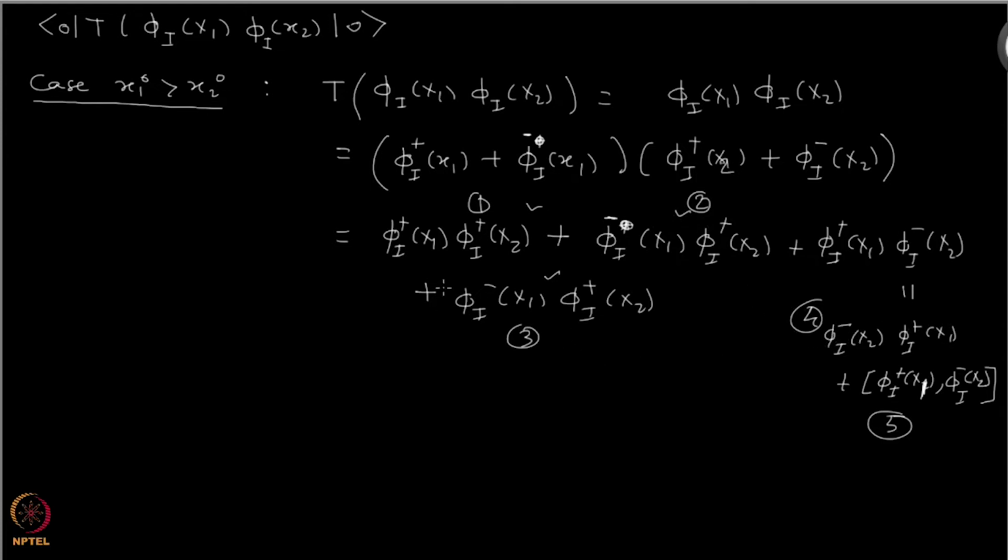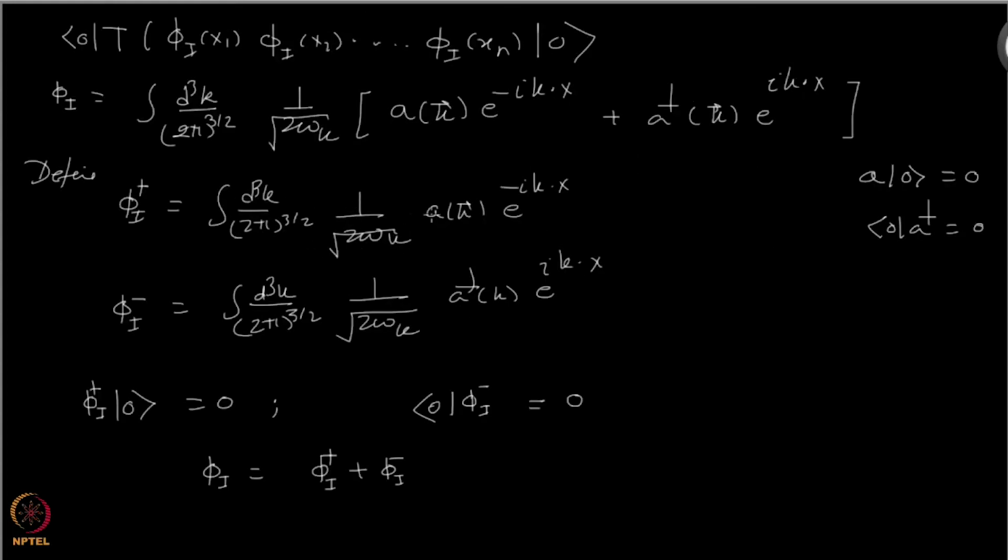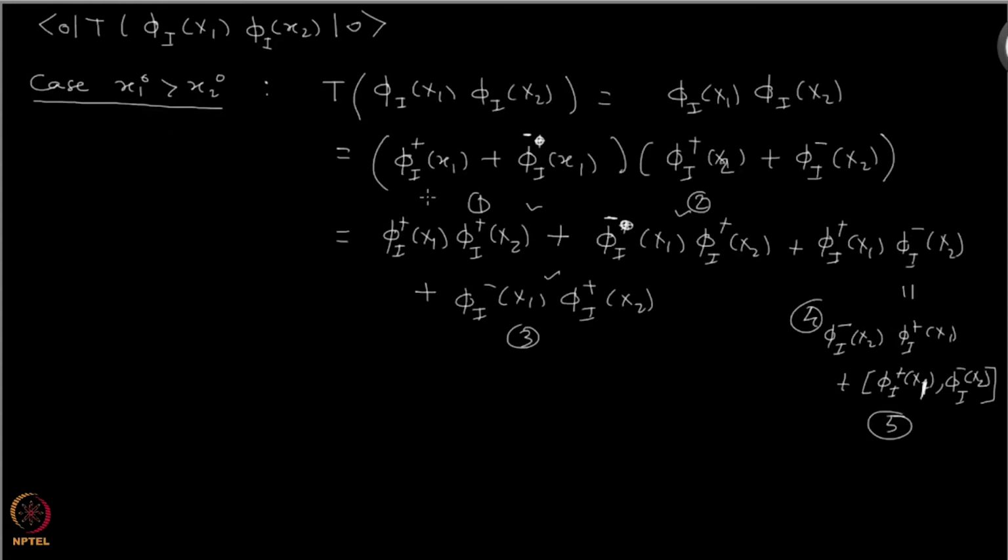Of course, if you have both pluses, then it doesn't matter, because the pluses contain a's, and a's commute. So the order does not matter here. You can write whichever way you want. But here the order matters. So anyway, we have eventually four terms which kill the vacuum and one term which does not kill the vacuum, which is a commutator.